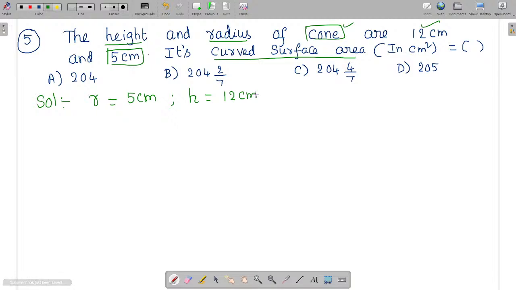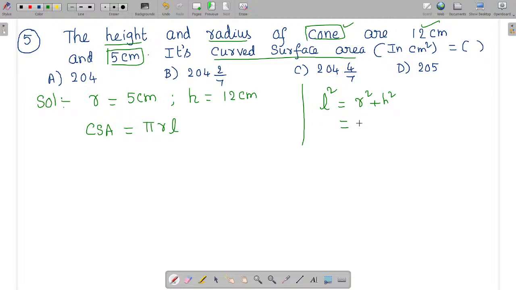The formula to evaluate curved surface area is pi r L. We know the r value, but we don't know L. We know the relationship between L and h: L square is given by r square plus h square. With the help of this, we can first evaluate the L value.